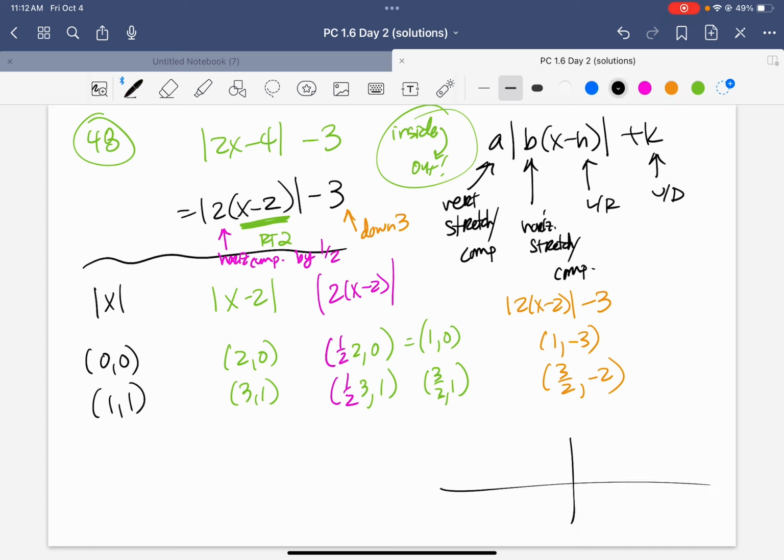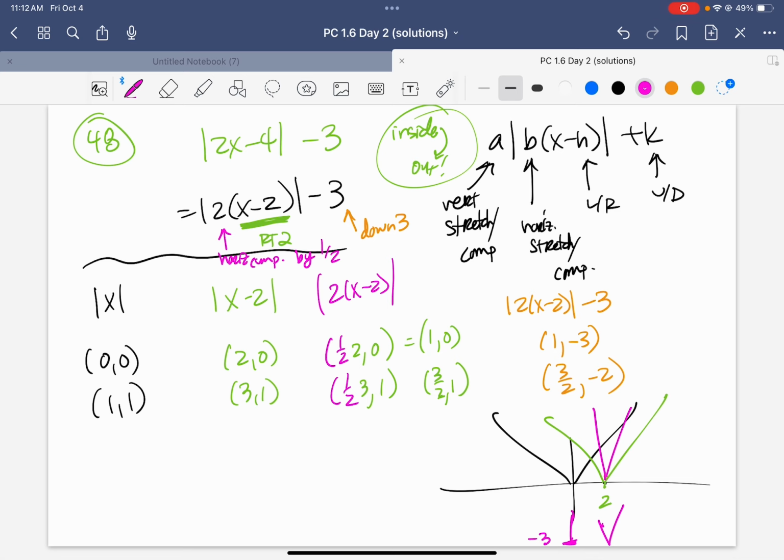So really showing what it looked like, here's my original. To do a quick sketch, I first moved it to the right 2. So over here at 2. And then I did a horizontal compression by a factor of a half. So it did that. Trust me, it's straight. And then it moved it down 3. So then it moved it down here, to negative 3 for my (0, 0).